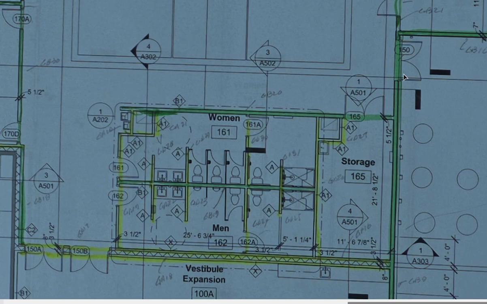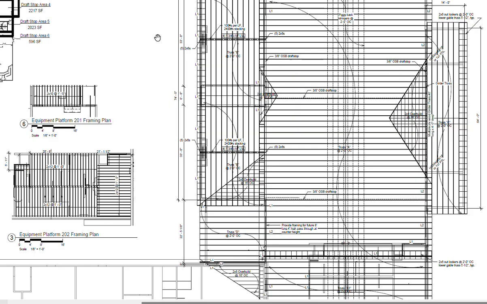If we look back at our S201, we'll see that actually is an L2 right there. So L2 is all the way down through there because it's a 2x6 load-bearing wall.